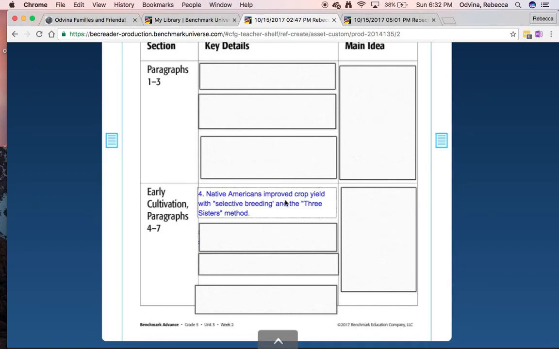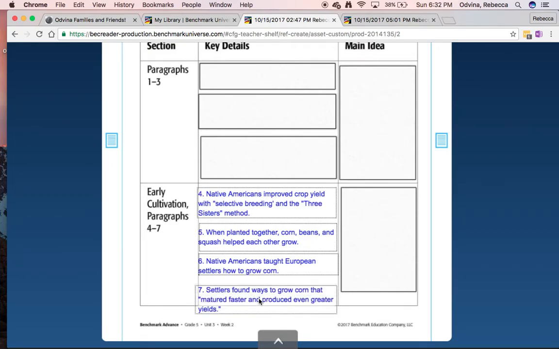Native Americans improved crop yield with selective breeding and the Three Sisters method. When planted together, corn, beans, and squash help each other grow. Native Americans taught European settlers how to grow corn, and settlers found ways to grow corn that matured faster and produced even greater yields.